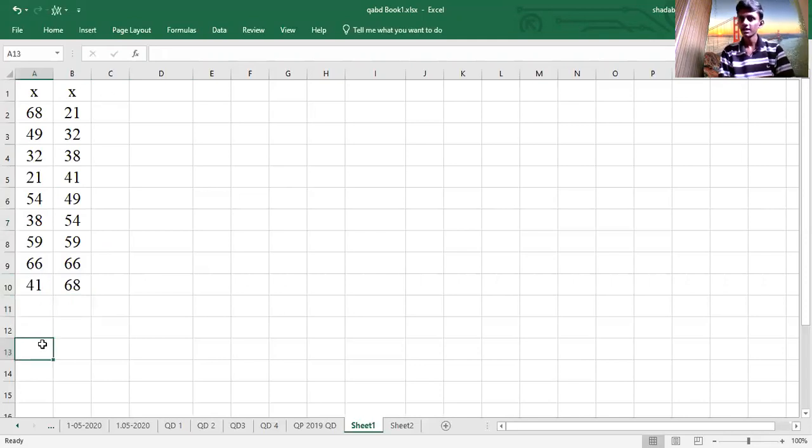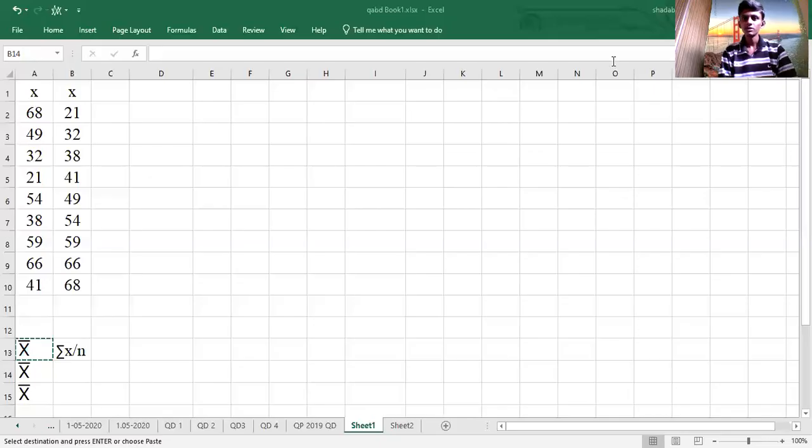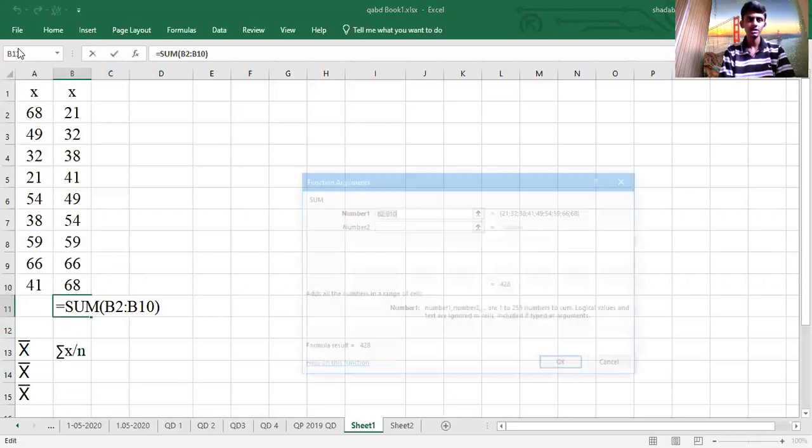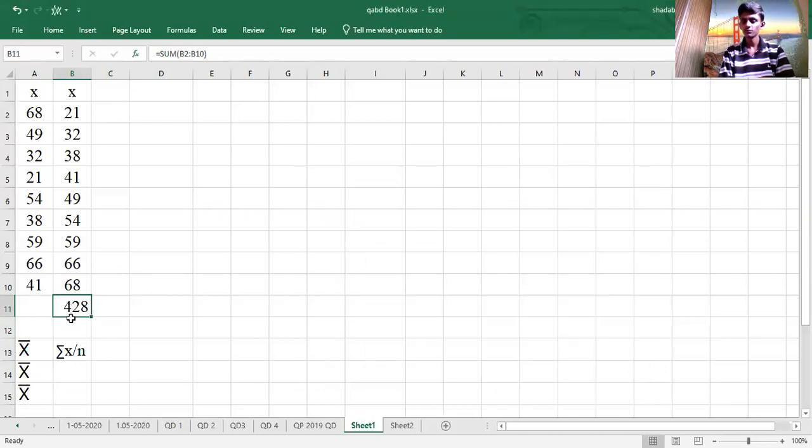They have asked to find out mean deviation by using mean. What is the formula for calculating mean? The formula will be x bar equal sigma x divided by n. What is sigma x? Just add all these numbers, make a sum of all these numbers, you will get 428 as sigma x.